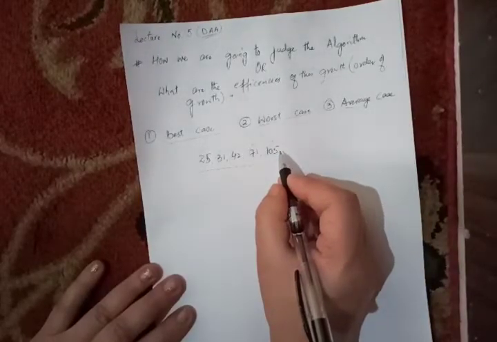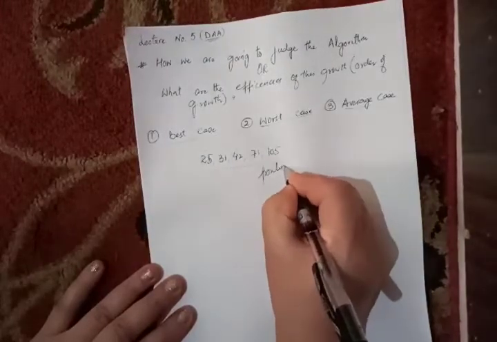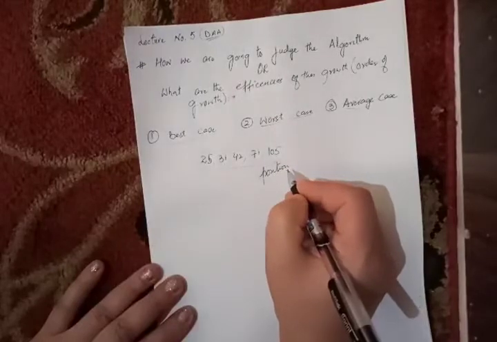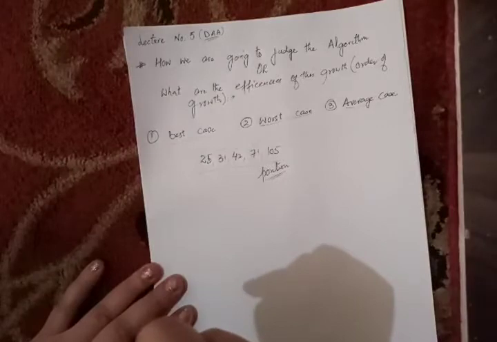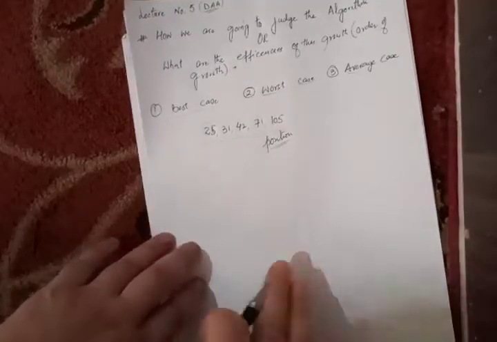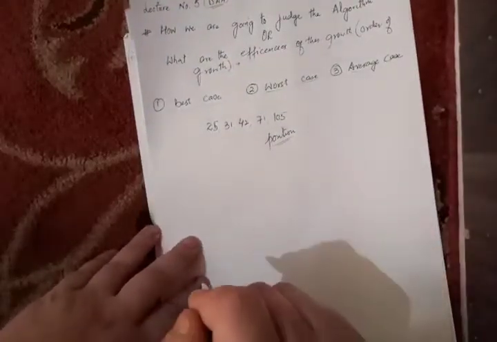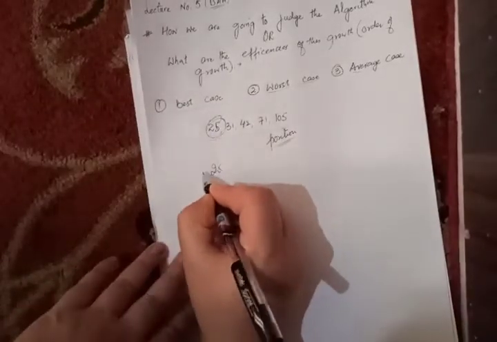Your task is to find at which position that element is in the list. The element which you want to search, we have to find the position of that element. Say, if the element which I want to search is 25, let this be k.